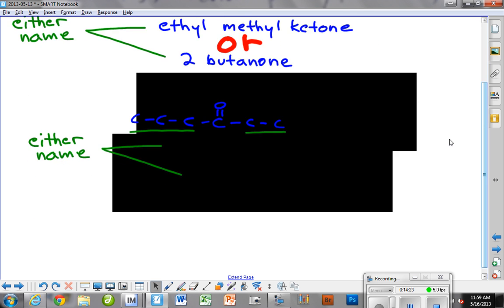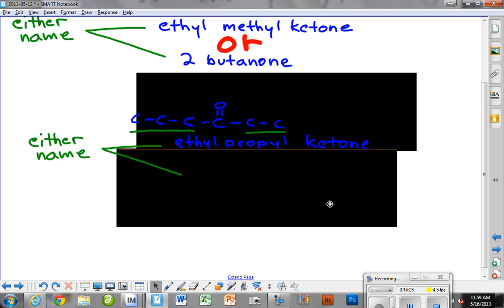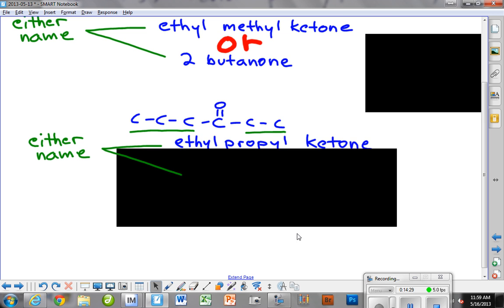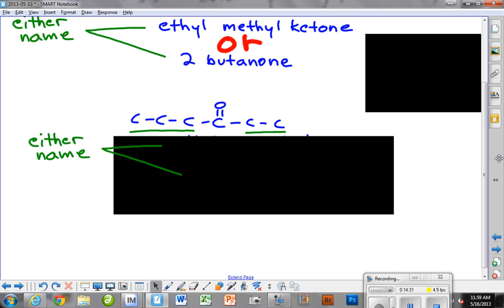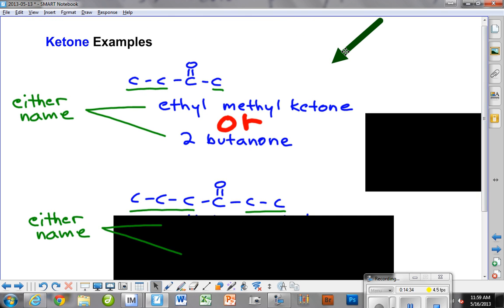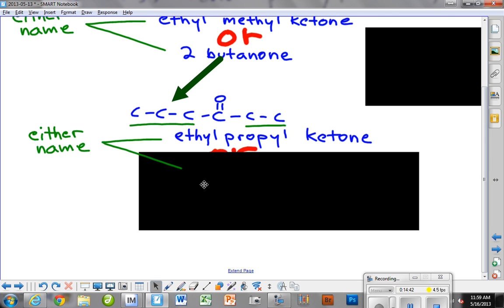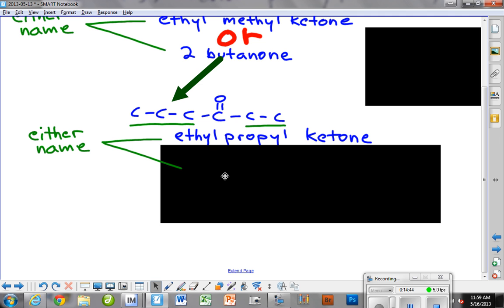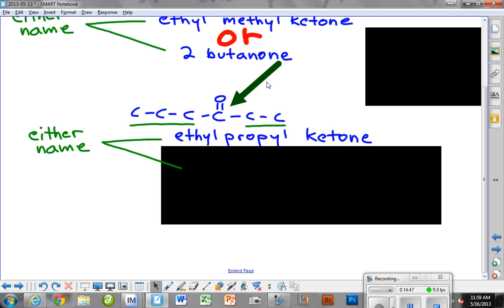Let's do another one, because there's always going to be a possibility of 2 names here. So let's first of all look at the chain here. If this is the longest chain, then on this guy I have an ethyl and I have a propyl. And so we could call this, as I have here, ethyl propyl ketone, and the ketone because the carbonyl group is in the middle.